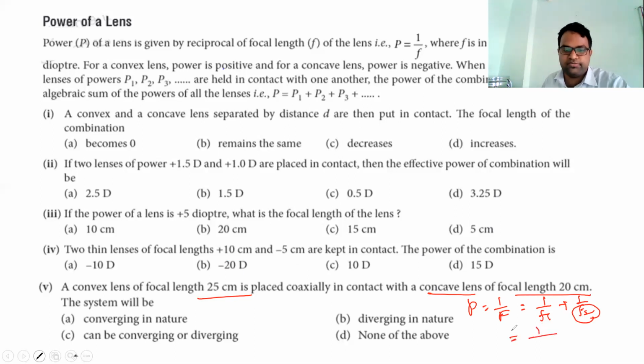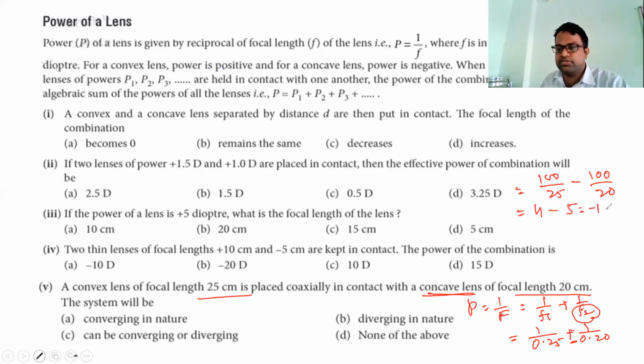So 1/f1, f1 is 25 centimeter, that means 0.25, plus 1/0.20. If we write it, this will be 100/25, and this is minus, because the second lens is concave, so minus will be there. So this will be 100/20. 100/25 is 4, minus 100/20 is 5. So minus 1 diopter you will get as the power of the combination.